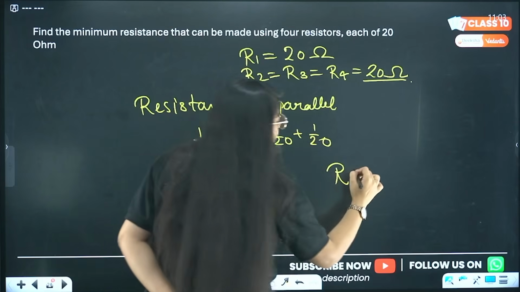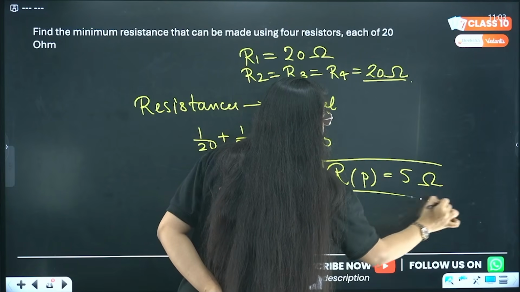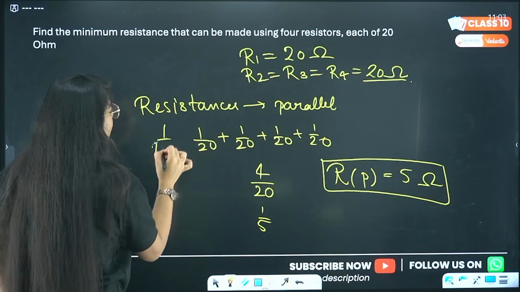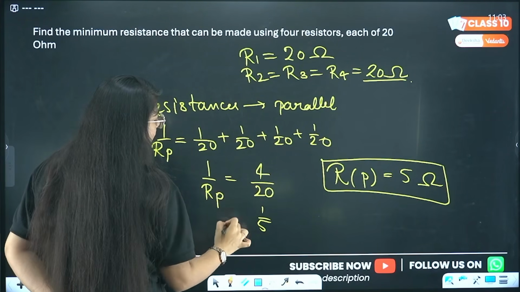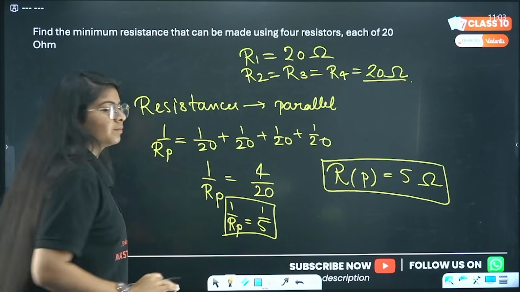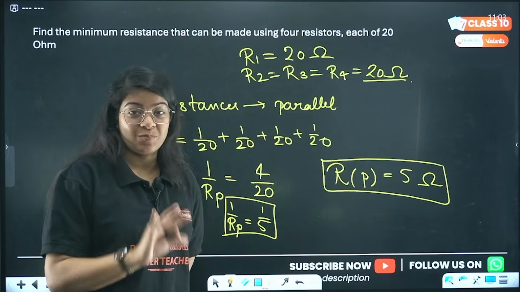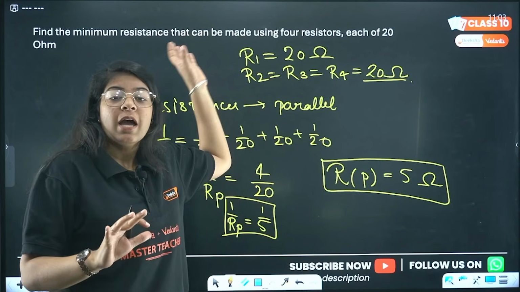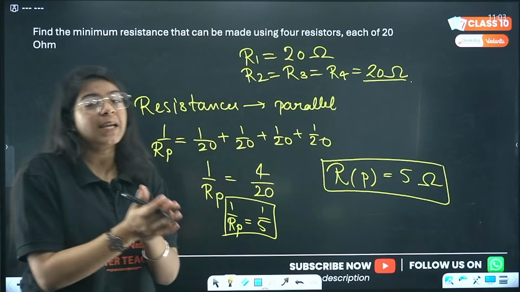So 1 by RP is 1 by 5, and hence RP will be 5 ohm. Very easy question, but very conceptually rich, because you should know in which case the resistance is minimum so as to know how they should be connected.